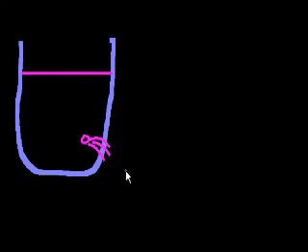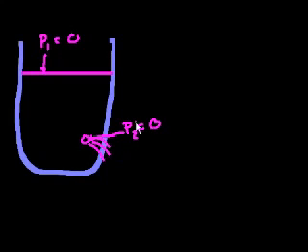And since there's a vacuum everywhere, the pressure at this point, P1, is equal to 0. And the point I wanted to make is, because we have a hole here, the pressure at that point, P2, is also equal to 0. You can almost view it as the atmospheric pressure at that point, but since we're in a vacuum, that pressure is 0.